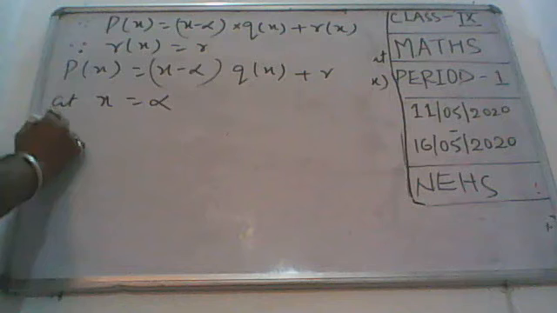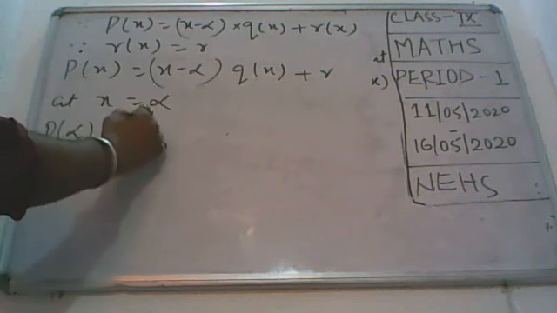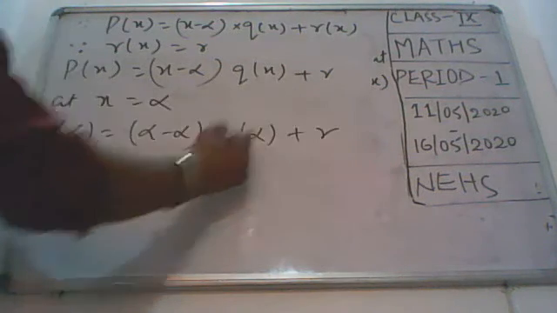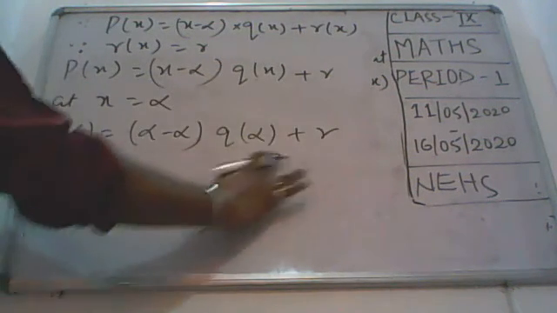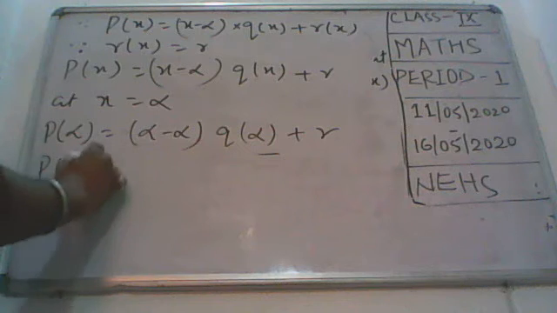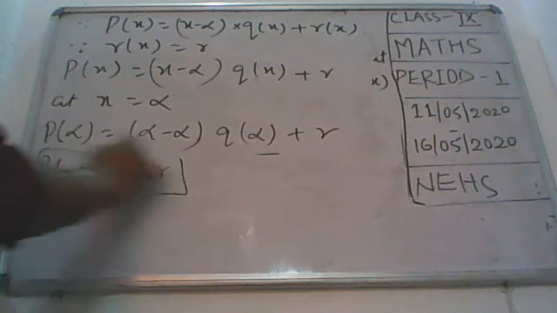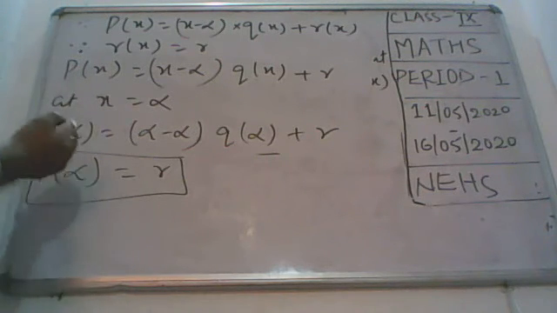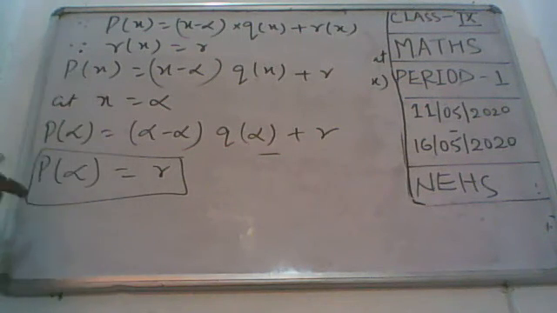So P(x) will become P(alpha), which is (alpha minus alpha) times Q(alpha) plus R. So this whole term is 0. So P(alpha) is equal to R. This is what we had to prove: when P(x) is divided by x minus alpha, the remainder is always P(alpha), and this was our statement in the starting. So whenever any real number alpha divides a polynomial, the remainder is that you replace that value with x, and whatever comes is your remainder.